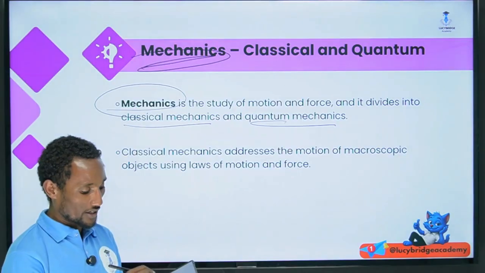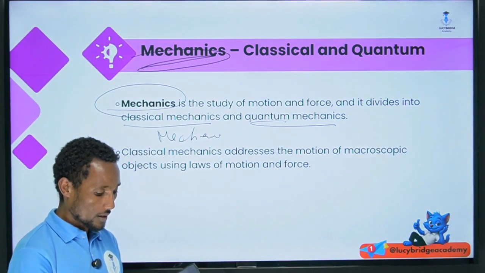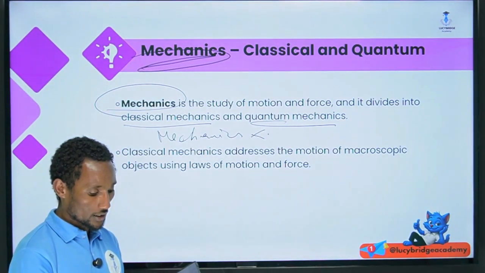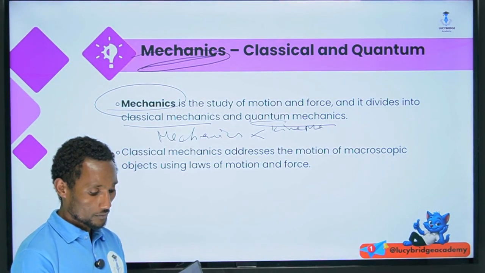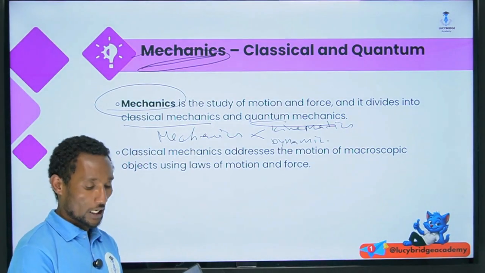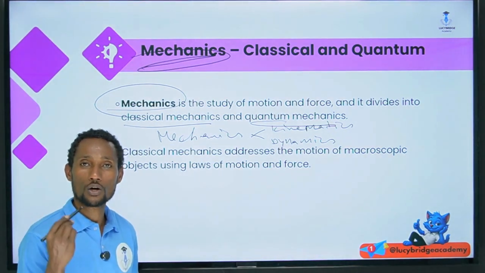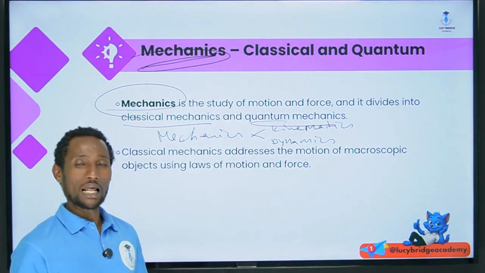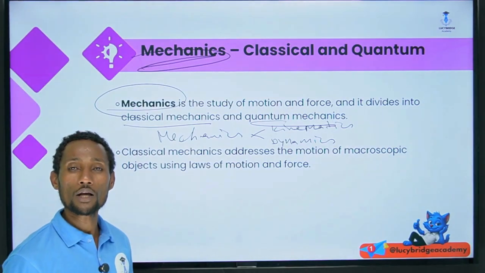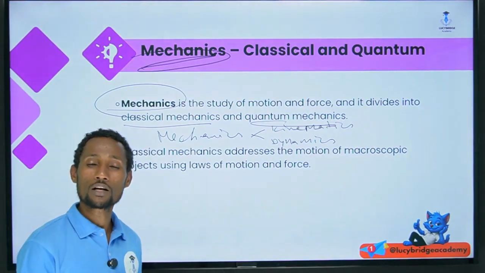And we divide mechanics into two earlier: kinematics and dynamics. Kinematics is the motion of a body without force concern, whereas dynamics is the motion of a body experiencing force, or concerning force.